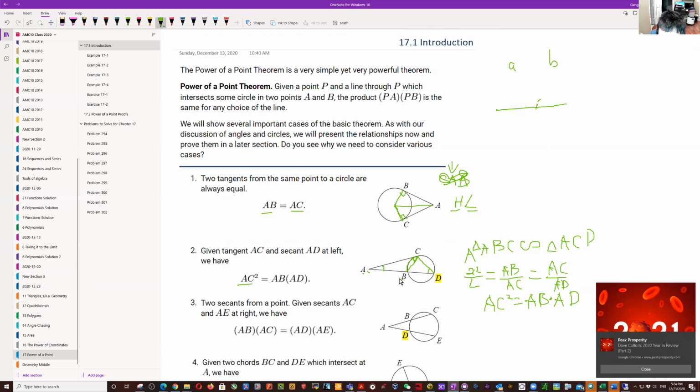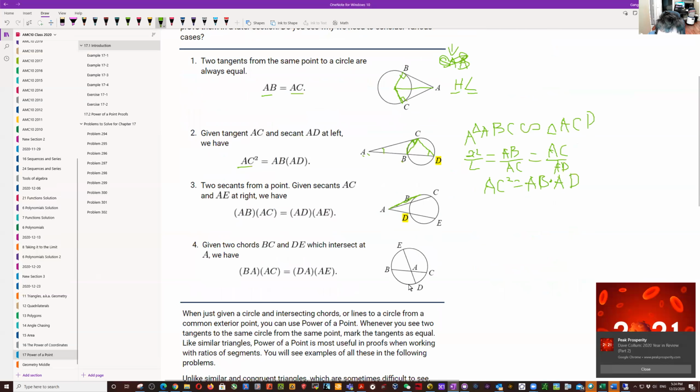It's actually very easy to prove. Basically, you can add a tangent line here. Both of their products will be the same as the square of the single tangent. So all those products will be the same.